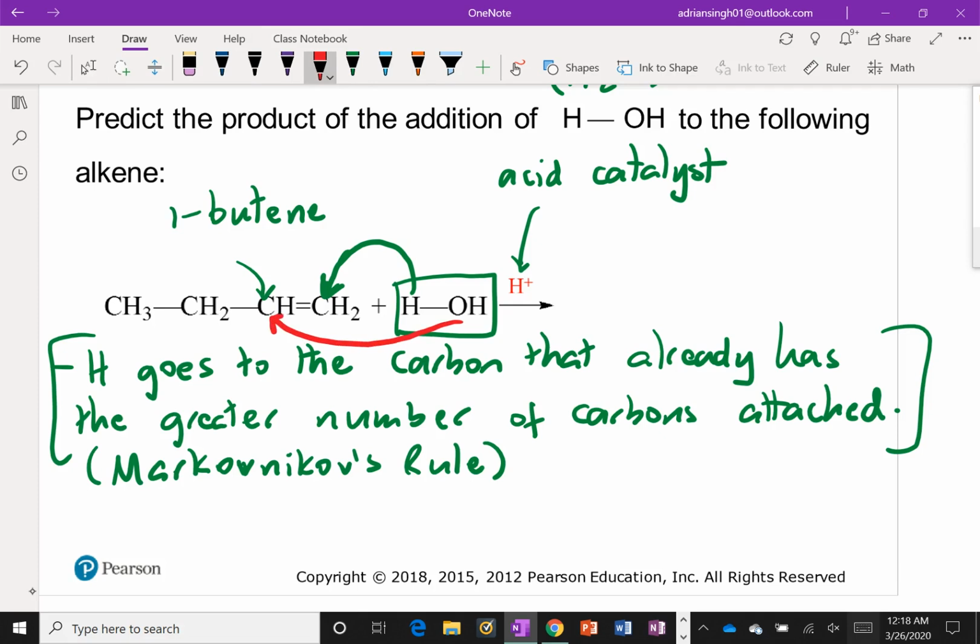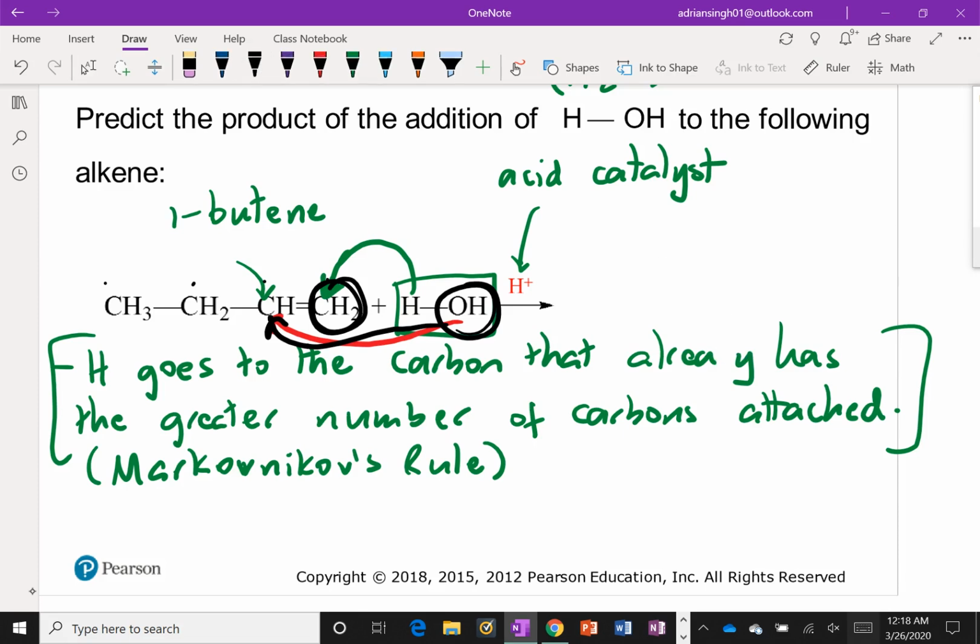So all we need to do is to draw what we end up making. I'm going to draw the product here in the skeletal structure, and as we saw, we have 1, 2, 3, 4 carbons. We added an H to the carbon on the right, so that is going to have 3 H's attached to it. We don't typically show the H's in our line structure, but if you have anything other than an H attached to a carbon, you have to show what that is. And now we have that OH attached to the second carbon from the right, so we have to show that OH attached to it.